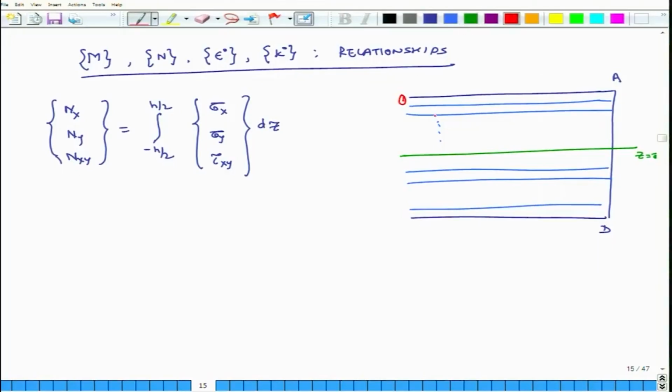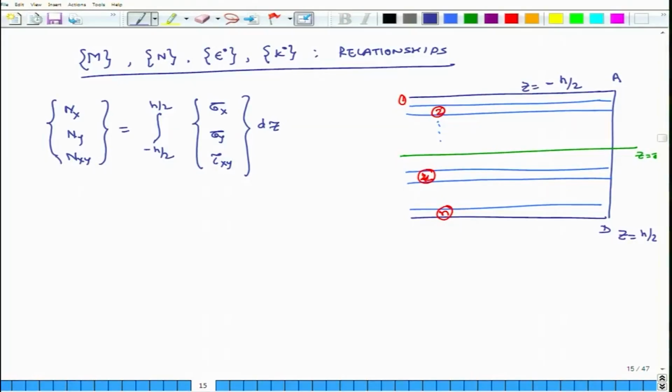The overall thickness is h. From the mid plane the top point is here, h by 2, the coordinate of point A, and the bottom one, because z is going down positive, is z equals h by 2, and here z equals minus h by 2 on the top layer.